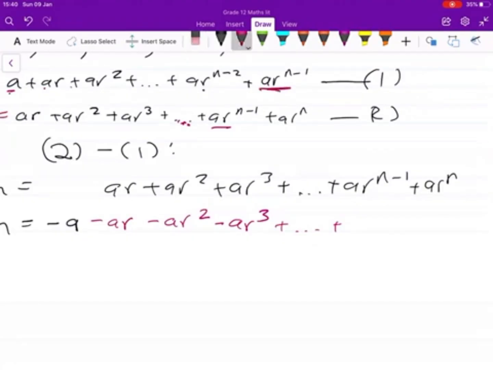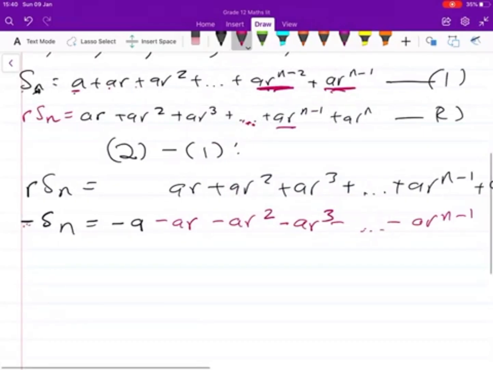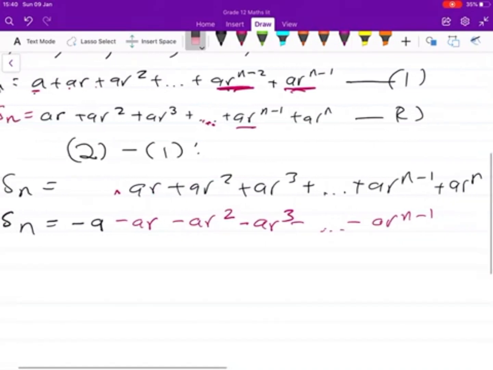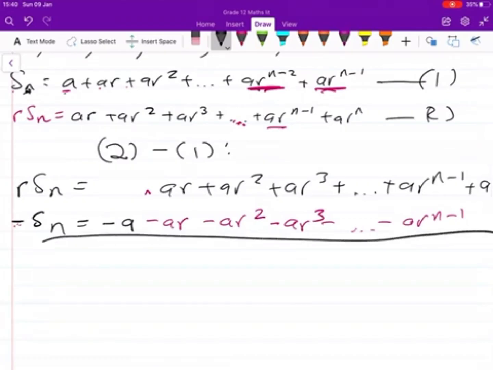Then we have this here, because this one is also accommodated in the dot. And then we take this, negative AR^(n-1). And of course, there's nothing in equation 1 that accommodates AR^n. I think I made some mistakes, but I hope you were able to see them.